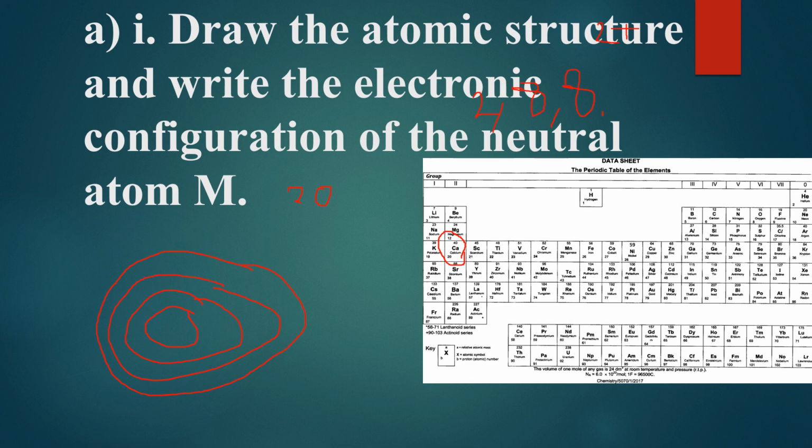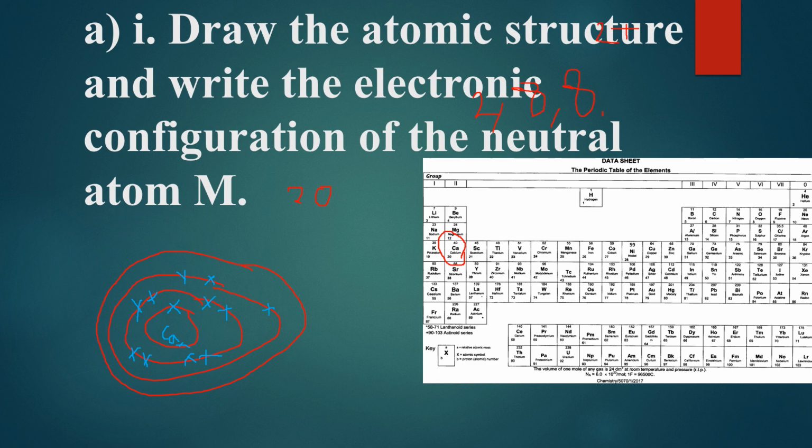When you are drawing, inside there you write the symbol of the element. You can use dots or crosses, but I've picked cross. It's not a big deal. Calcium in the first shell has the maximum number of electrons, which is 2.